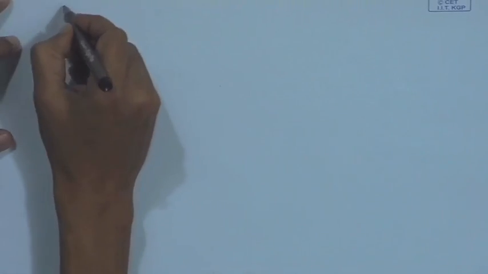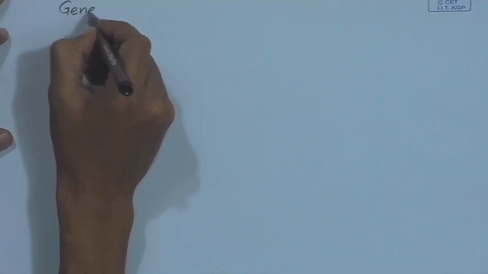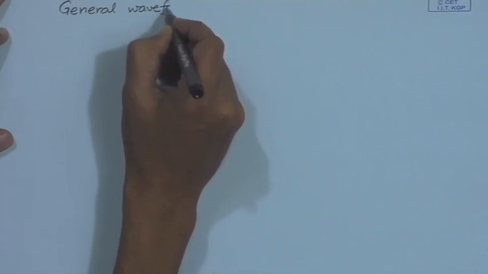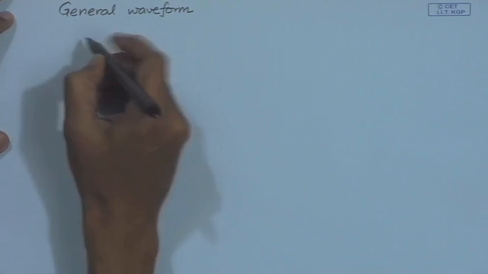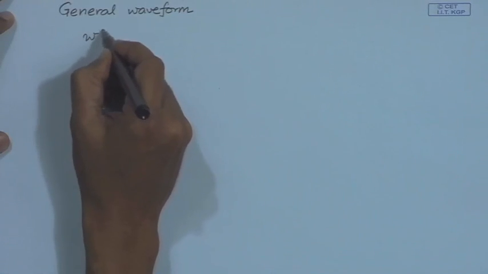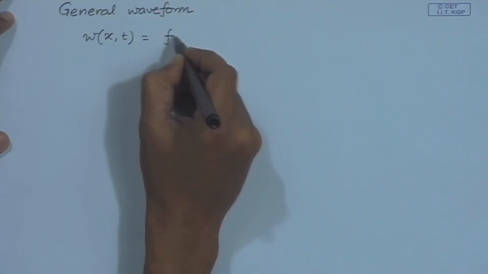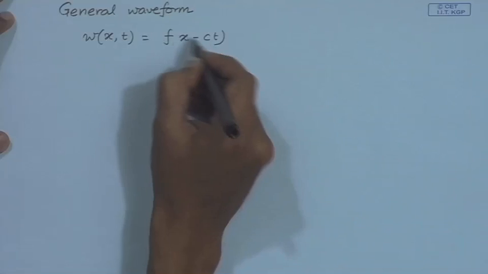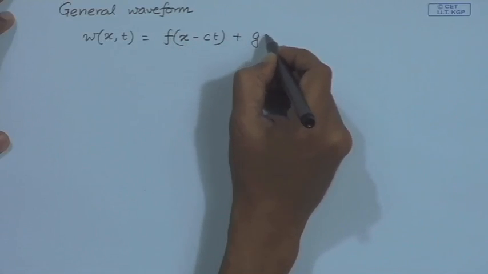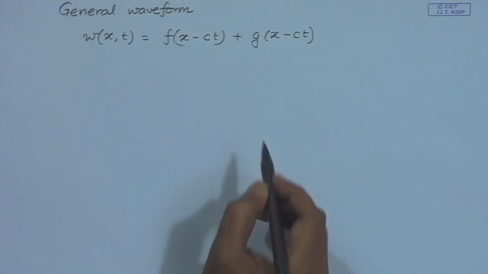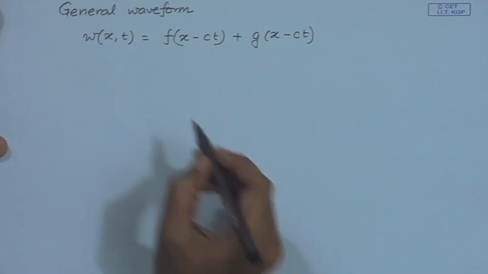Now, if you consider a general waveform for the same reflection process from a fixed boundary, then we have the wave field represented like this, as we have done before.